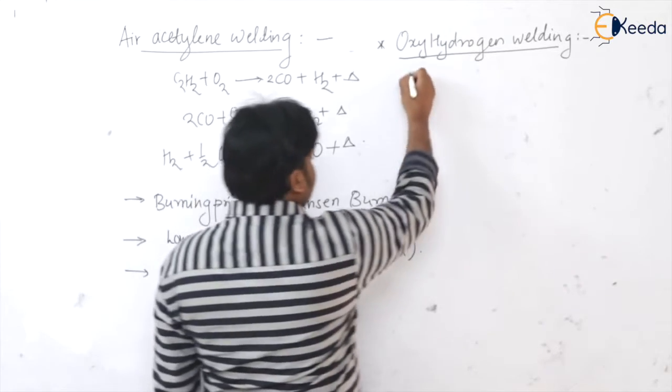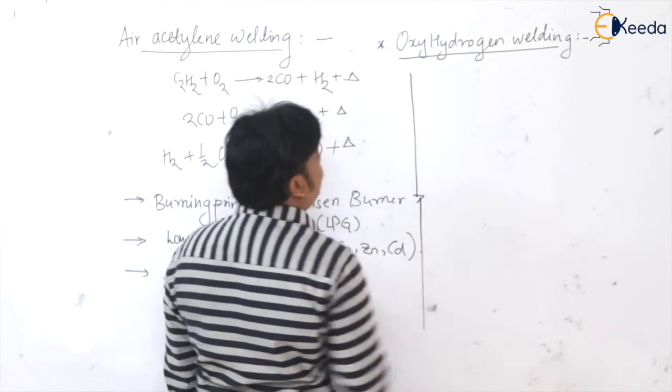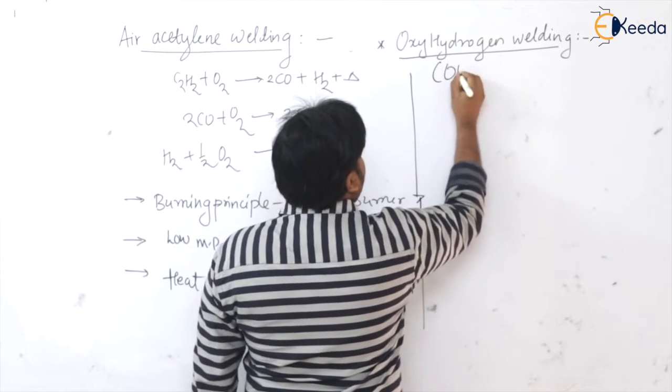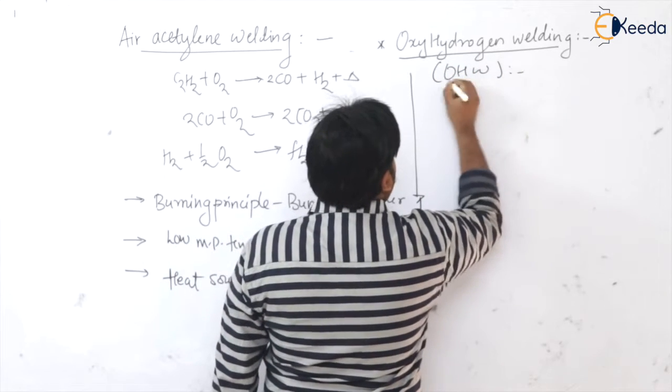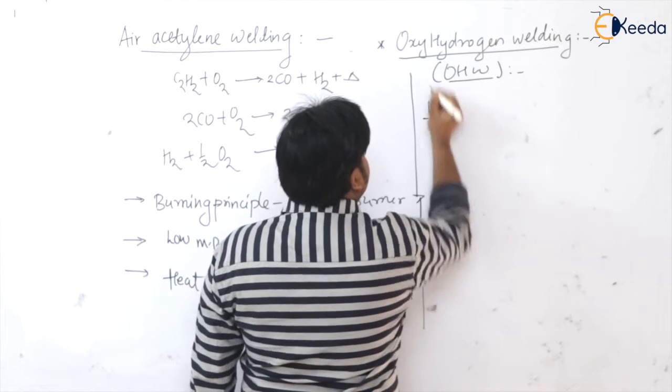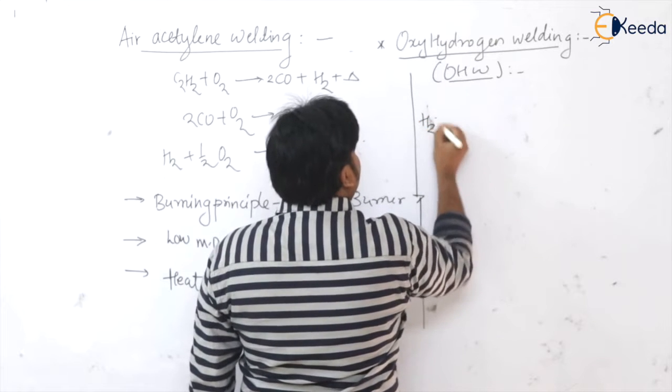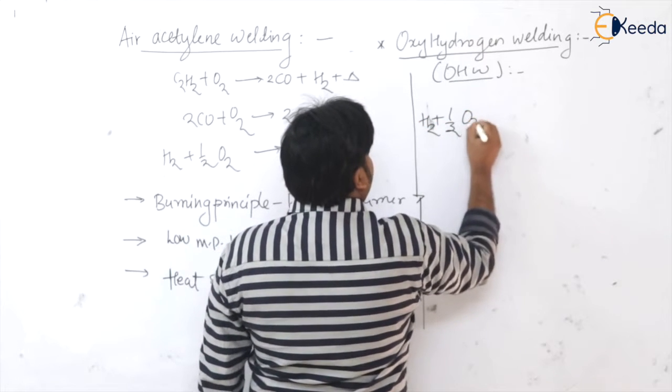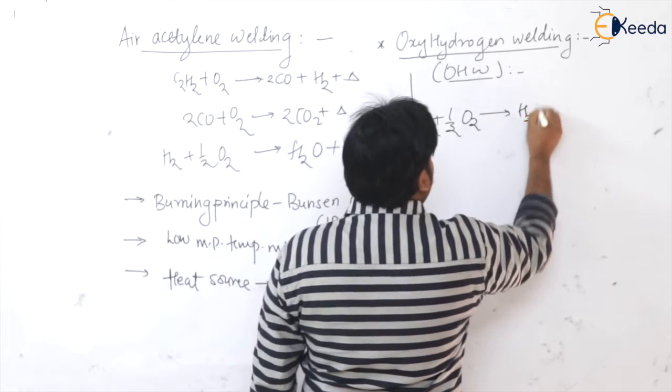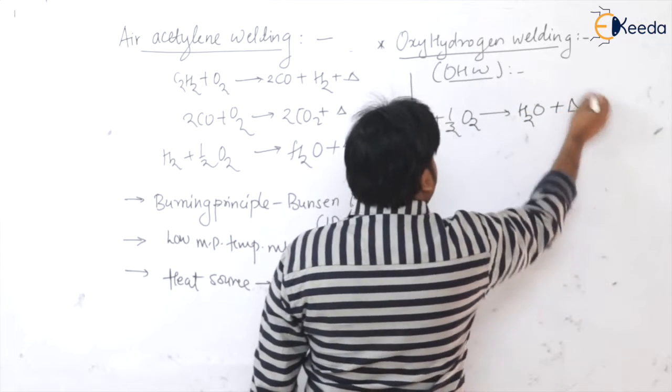Now come to oxyhydrogen welding. Take the last reaction: H2 plus half O2 gives H2O plus heat.